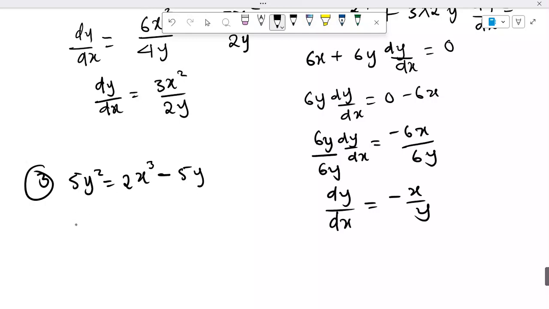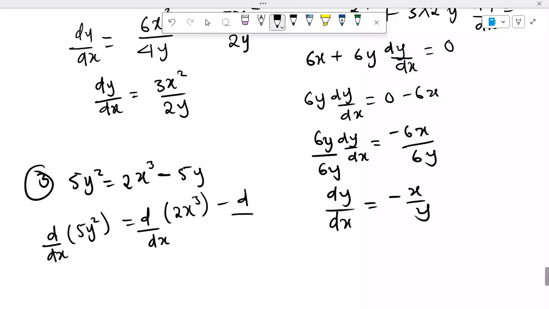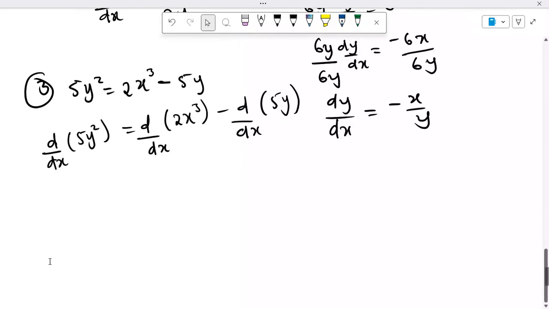So we differentiate this with respect to x. We say d over dx of 5y squared equals d over dx of 2x to the power 3 minus d over dx of 5y. Okay, so I've said all the y terms will have dy dx.